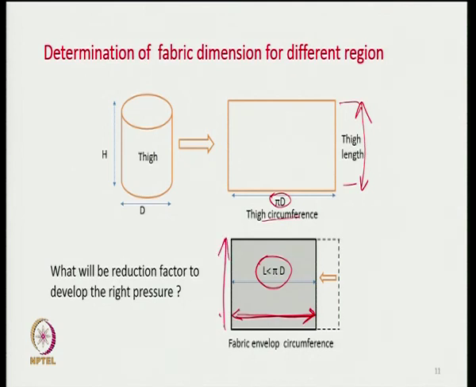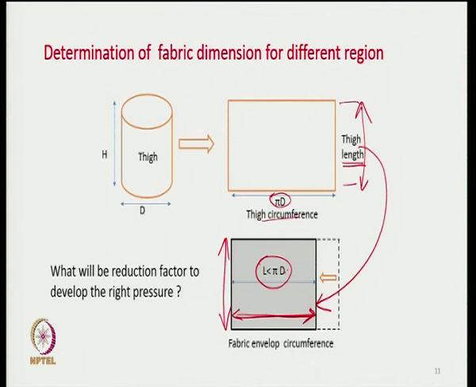This can be the width of the fabric piece. The width is going to be whatever the thigh length is, and that is not going to change, but the length of the fabric which will cover the thigh must be less than pi d.